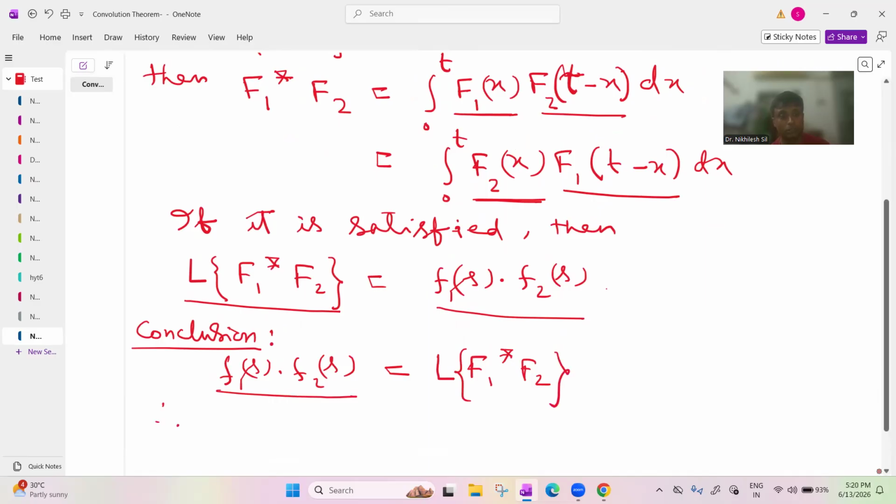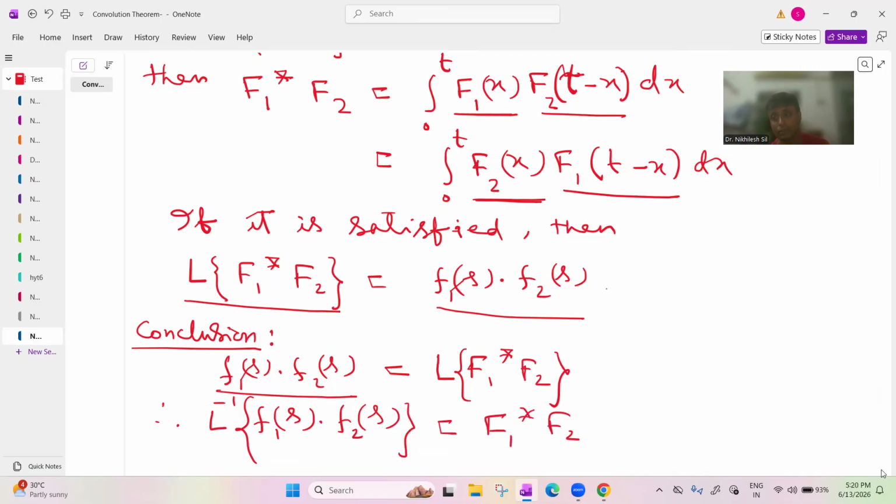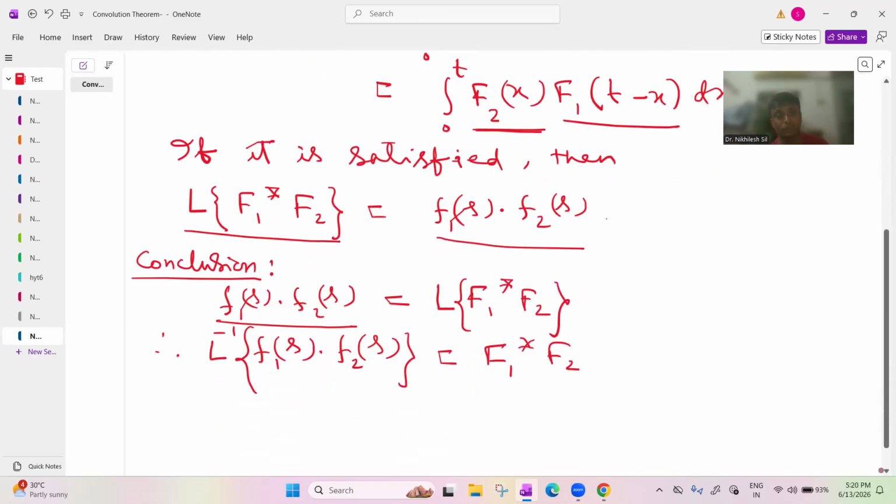Therefore, L inverse of F1(s) into F2(s) is equal to f1 convolution f2, and what is f1 convolution f2? This is equal to integration 0 to t f1(x) f2(t minus x) dx.